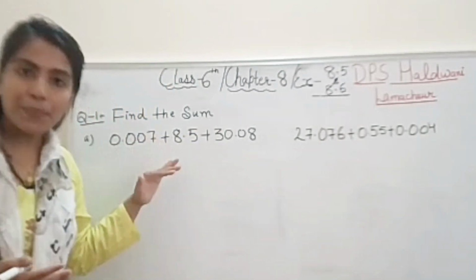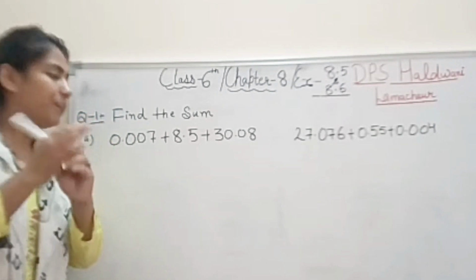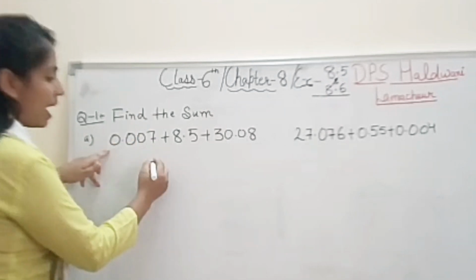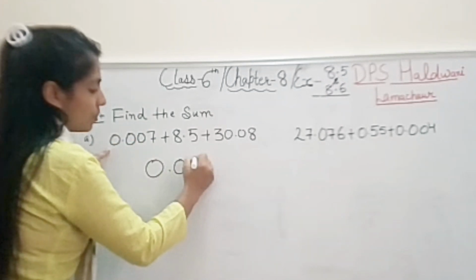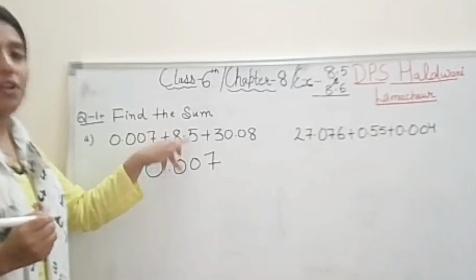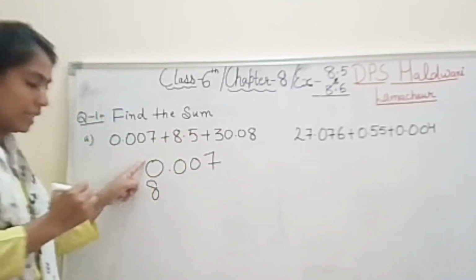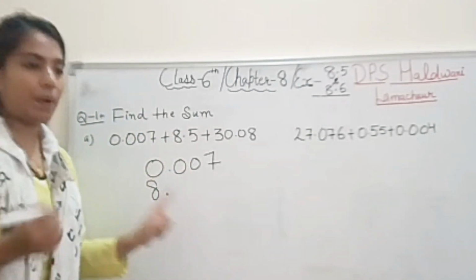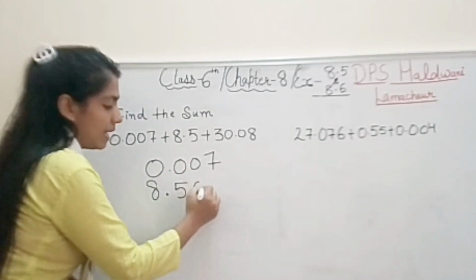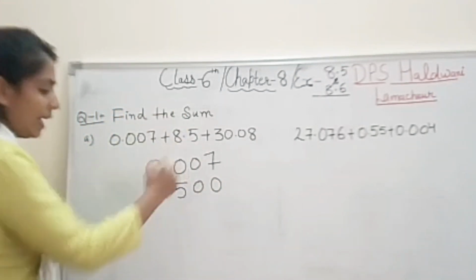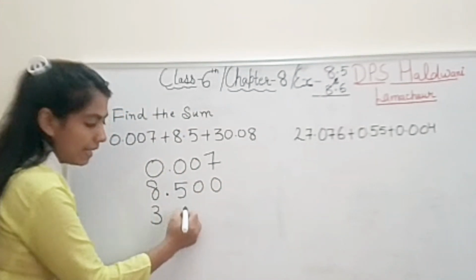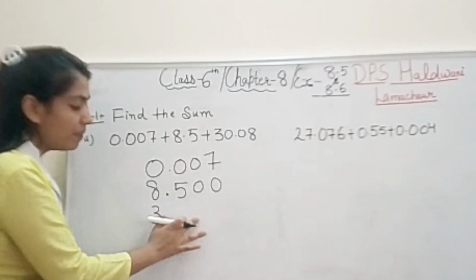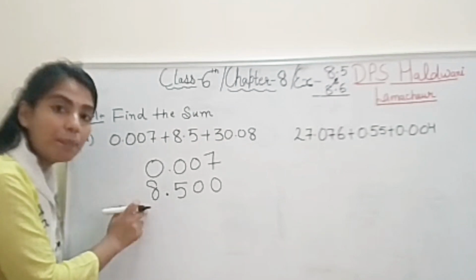It is a decimal number, so you just need to be vigilant how to write the statement. We have 0.007 and 8.5. Whole number part goes under the whole number part, then the decimal, and decimal part under the decimal part. So 5 would be here and 0, 0. Then 30 is a full whole number part, so it will be under the whole number part only.